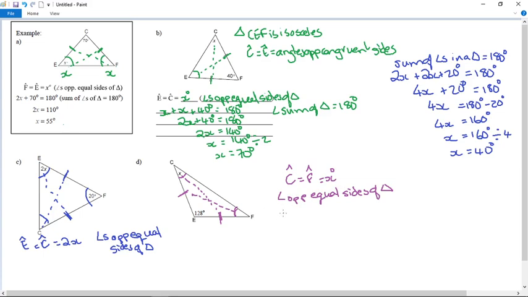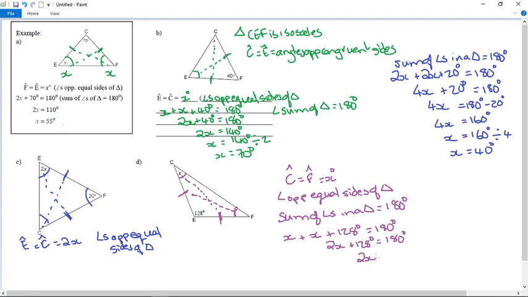Now we know that the sum of the angles in a triangle is 180 degrees, because every time we write the rule. So if we have a look here, C equals F equals x. So we have x plus x plus 128 degrees is going to be equal to 180 degrees. So 2x plus 128 degrees equals 180 degrees.